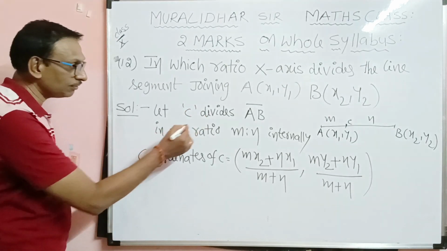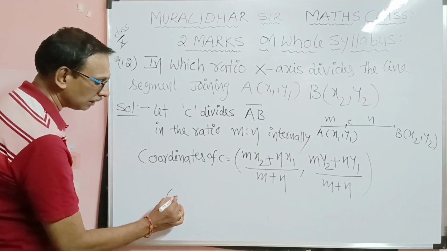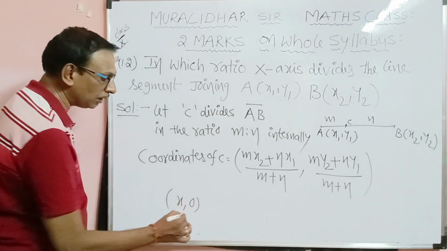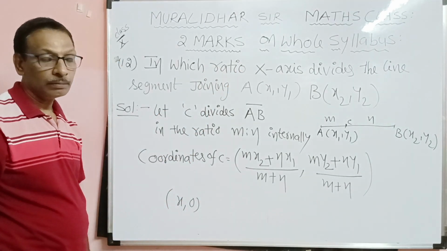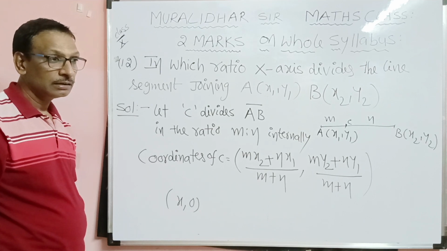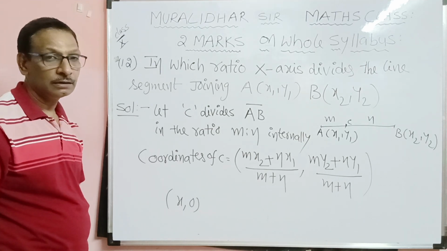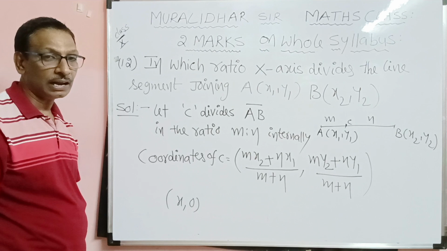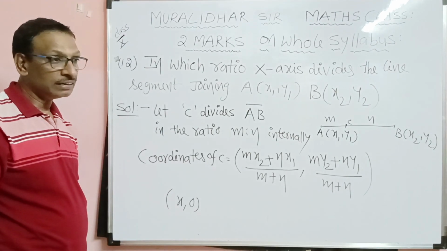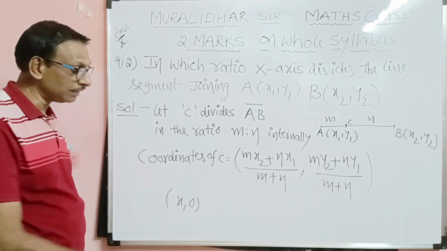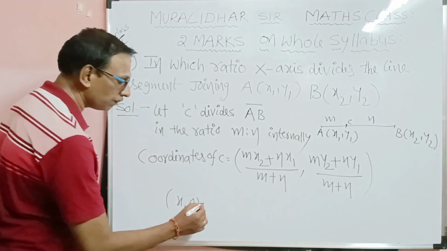Now coordinates of C we are taking as x comma 0 because the point C is on the x-axis. Because the x-axis is dividing the line segment, the common point of the line segment AB and the x-axis is C. That's why we are taking the coordinates of C as x comma 0.